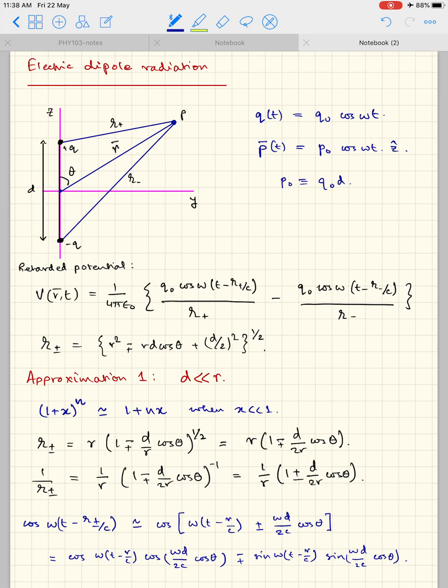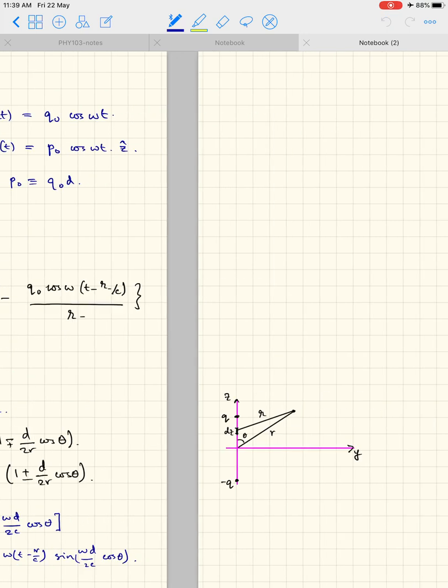Now we are ready to put in our second approximation. So far we have assumed that d is much less than r. The second approximation is that d is also much less than the wavelength of these waves.